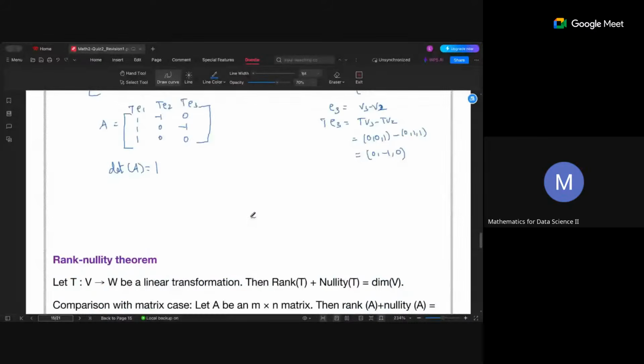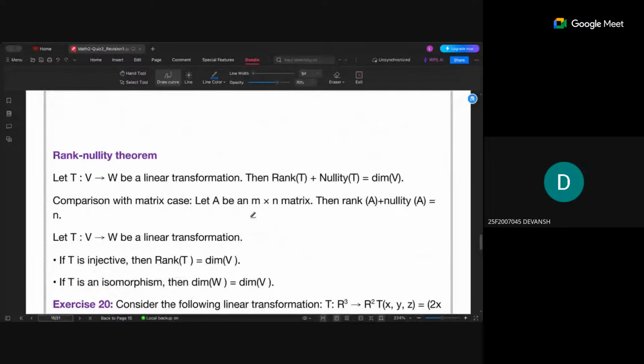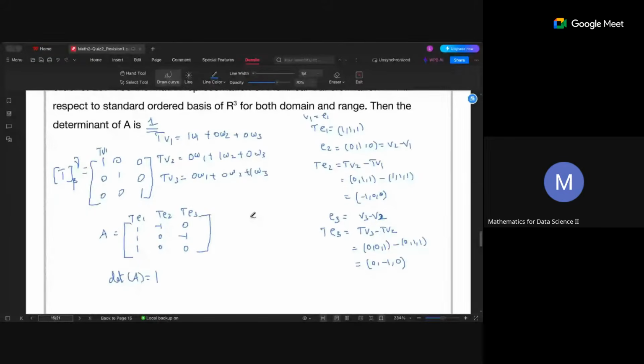Ma'am, if we want to get a general representation of this problem in the form of x, y, z, how would we get it? It's very easy. You have already got your A. Once you know A, T of x comma y comma z is A times x y z. You simply multiply x y z with A and you will get the answer.